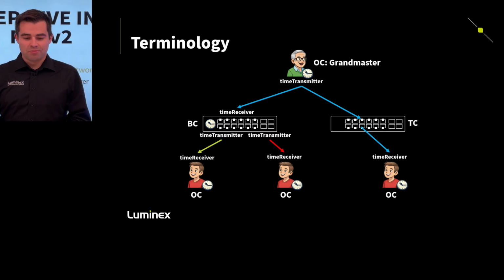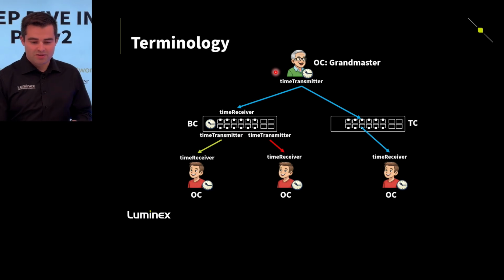So here is an example of all this terminology combined. At the top, we have the ordinary clock, which is the grandmaster. That grandmaster is currently acting as a time transmitter. On the left side, we have a boundary clock.